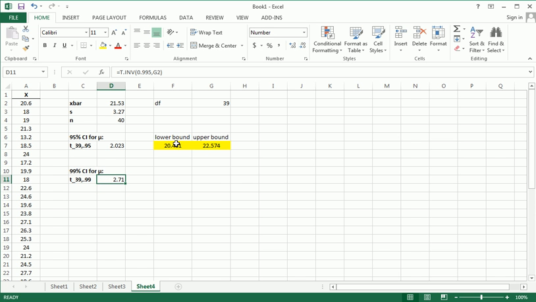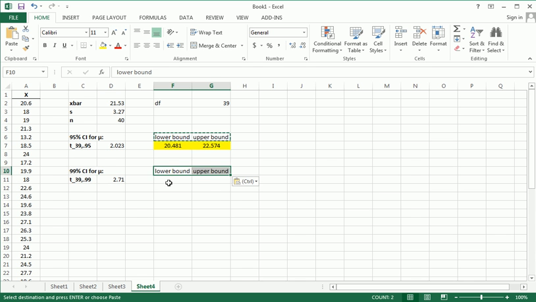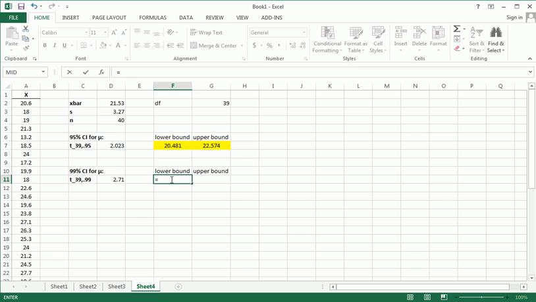And then our computation for the upper and lower bounds are going to follow very similarly.